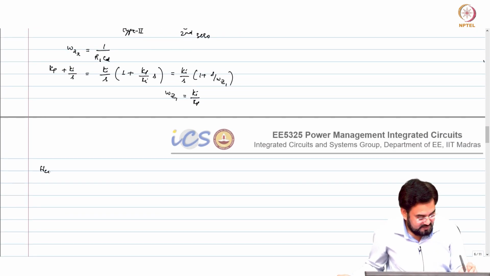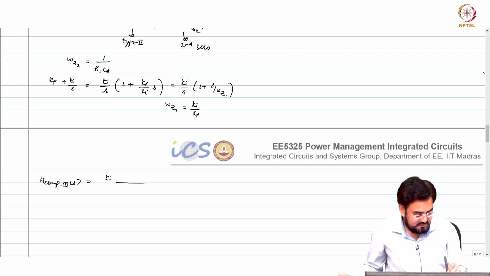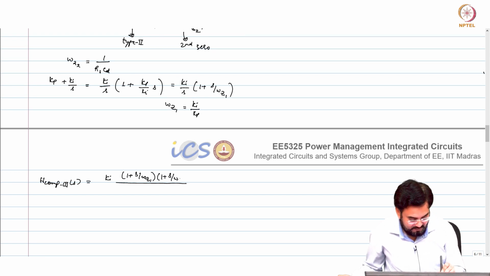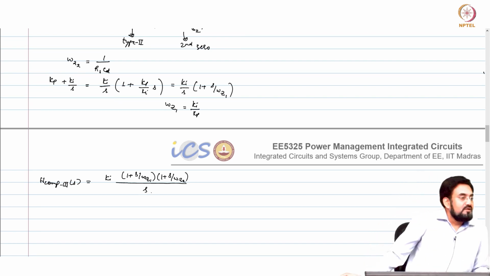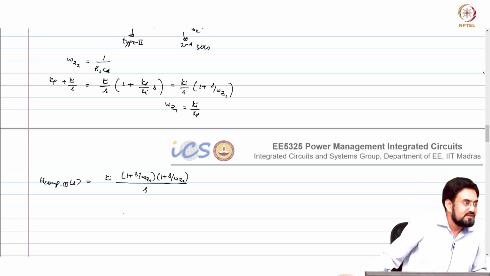So H of comp 3S becomes Ki over S, 1 plus S over omega Z1 into 1 plus S over omega Z2 over S. Okay, so you have one integrator and two zeros.